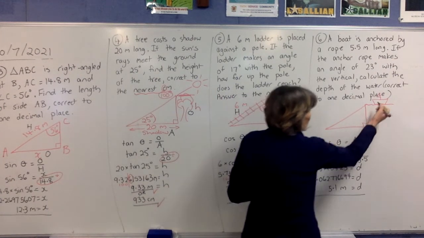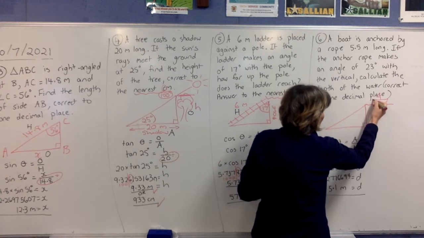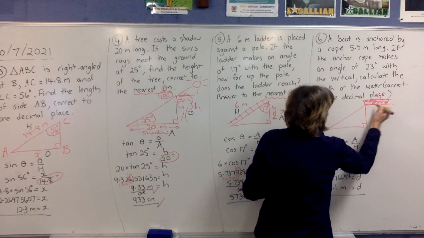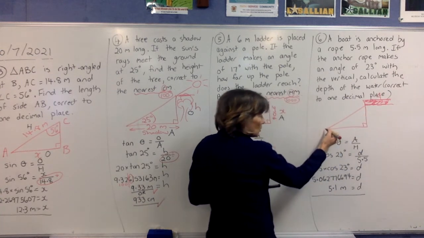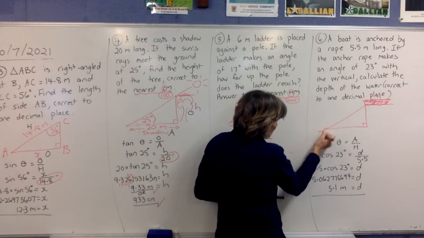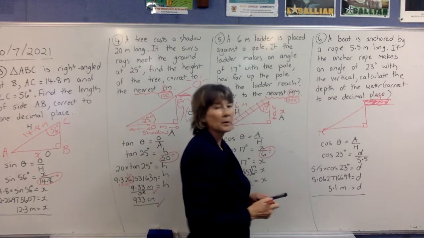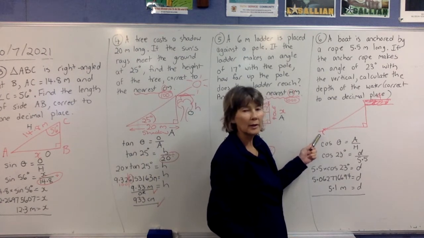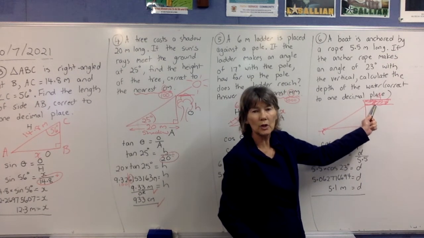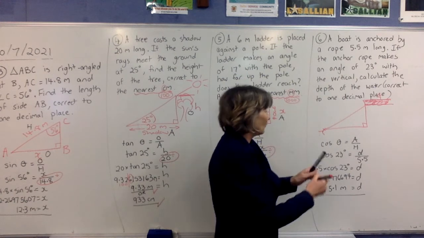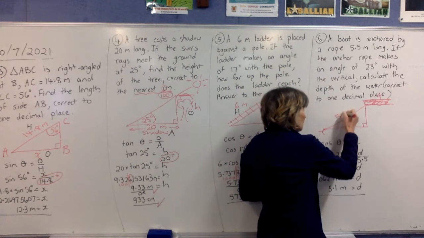So there's your boat. I should have drawn it a bit further over, but let's just say it finishes there. Okay, and there's the chain to your anchor. The anchor sits on the bottom of the sea or the river that it's in. So it's sitting on the ground, the boat's sitting on the surface of the water, and this is your anchor rope here. That's 5.5 metres long.